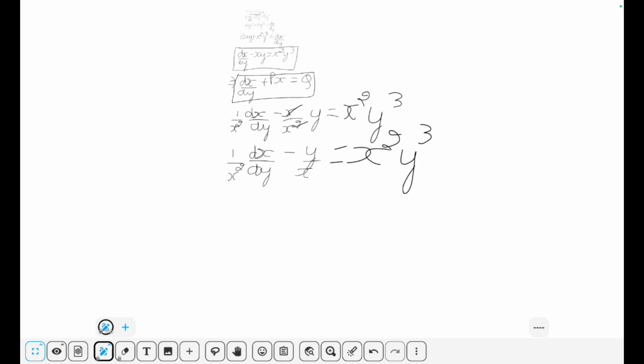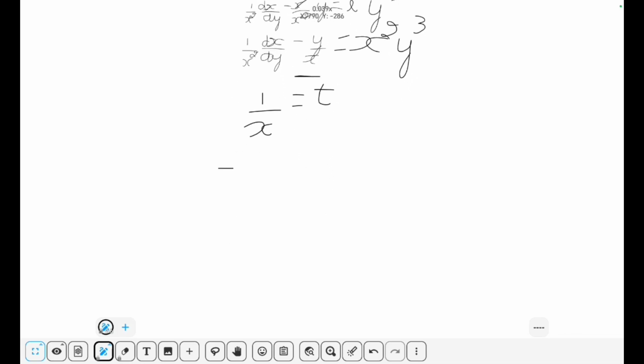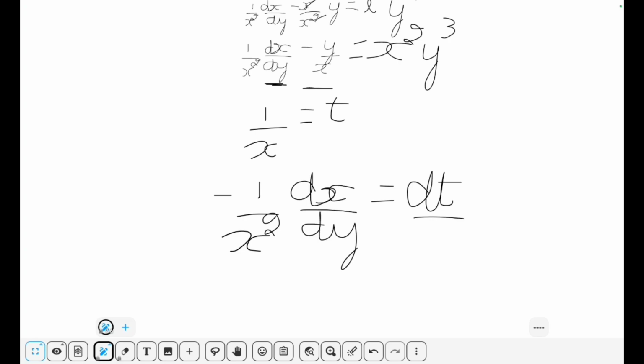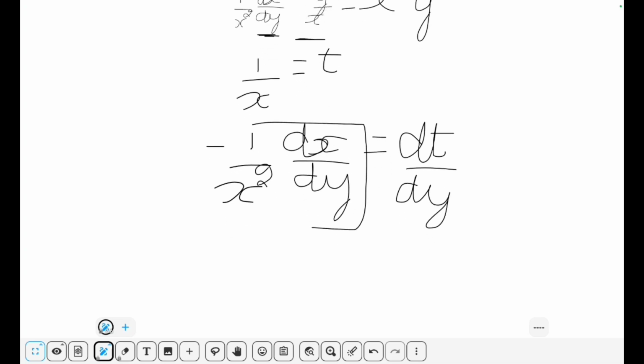Now let us take 1/x as t. If we differentiate it with respect to y, we are differentiating with respect to y because we have dx/dy here, we get minus 1/x² into dx/dy equals dt/dy, right? We need only this part.